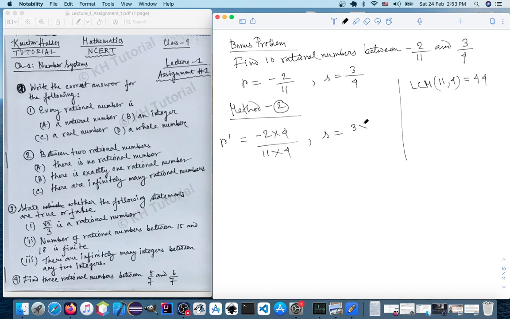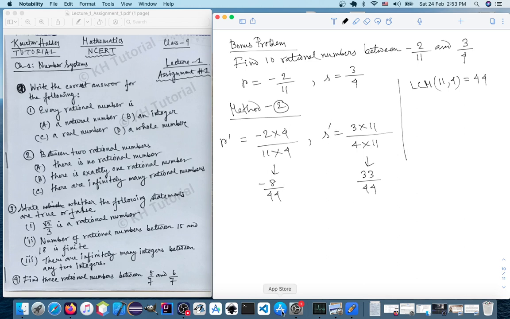We get 3 into 11 over 4 into 11. So this becomes minus 8 by 44, and this becomes 33 by 44. We have found R dash and S dash.